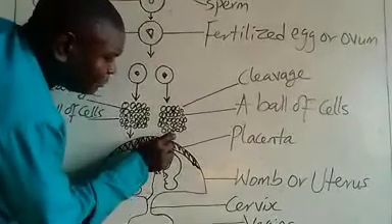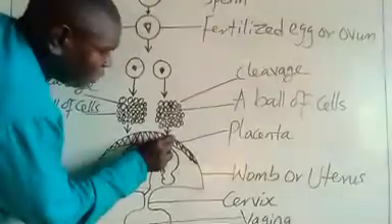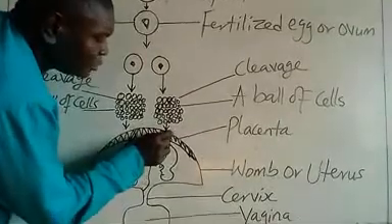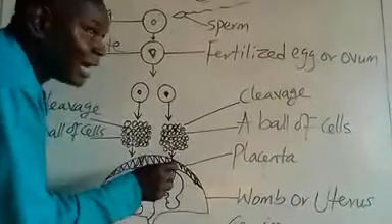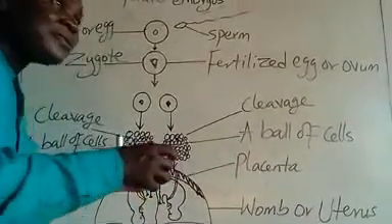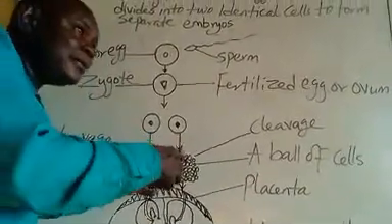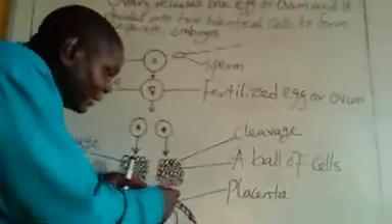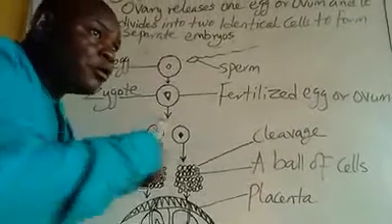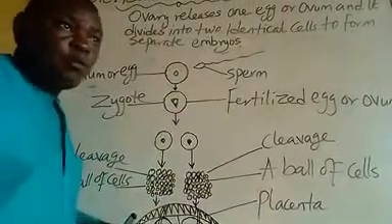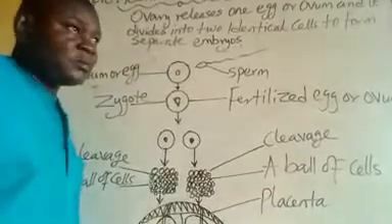From here, the waste products will move into the bloodstream of the mother, and the excretory organs in the mother will remove the waste products.